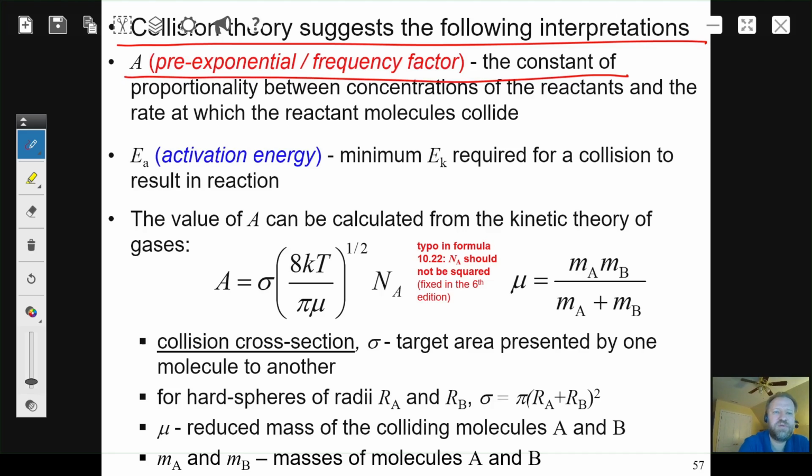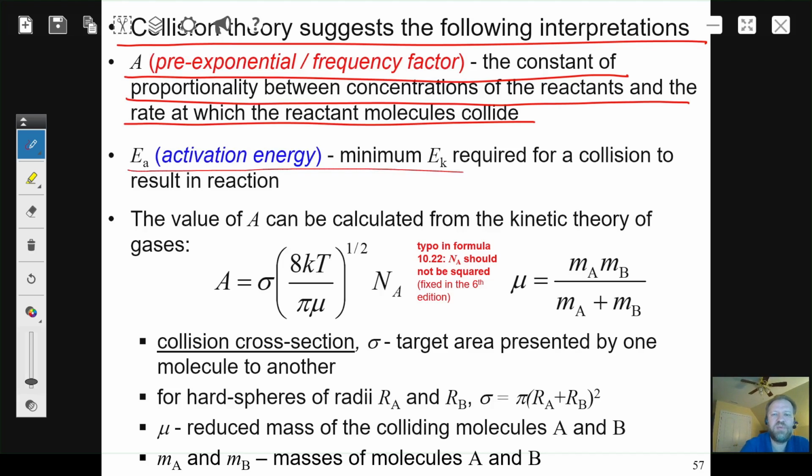It's basically a constant of proportionality between concentrations of the reactants and the rate at which the reactant molecules collide. And the activation energy is the minimum kinetic energy required for a collision to result in reaction. It is the minimum kinetic energy that allows molecules to go over the activation barrier, and the height of the activation barrier is the activation energy.